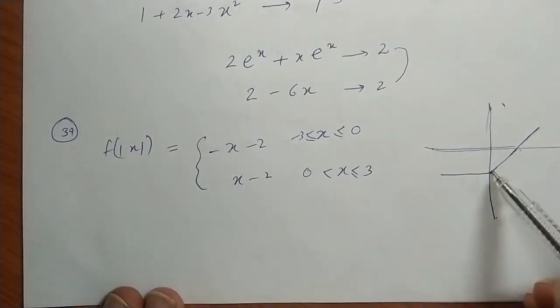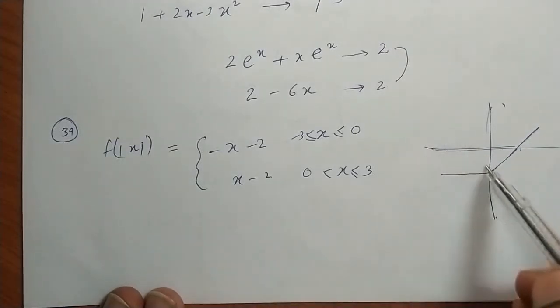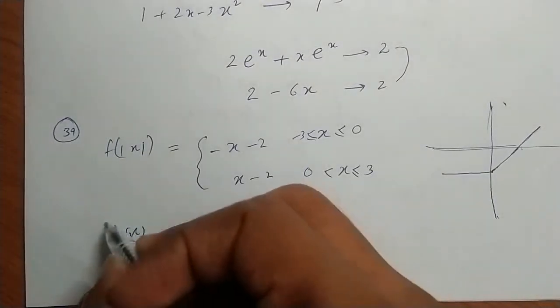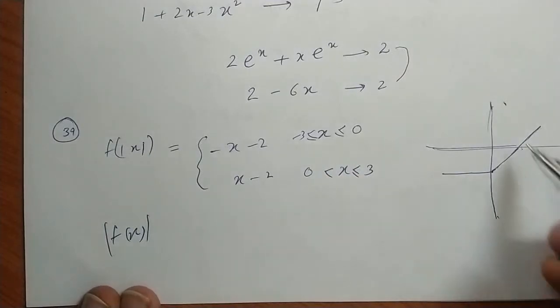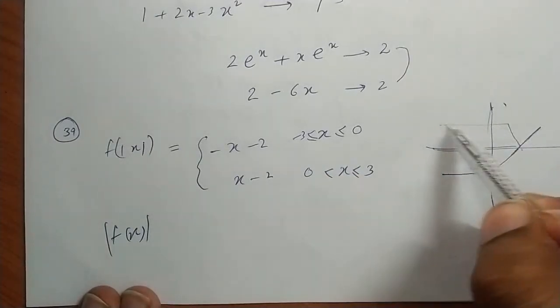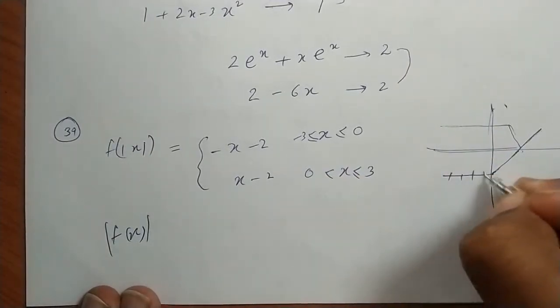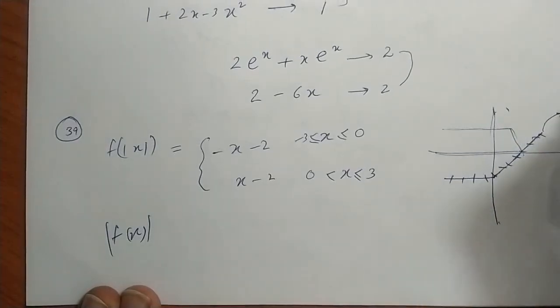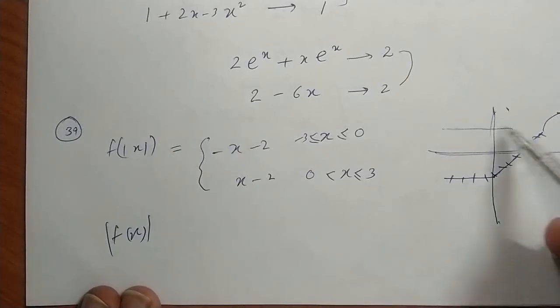So if this is x minus 2 ki line, this will be minus of x minus 2 ki line, and f of x ka mode will be this graph. This is f(x). Okay, mode of f(x) would be this graph.